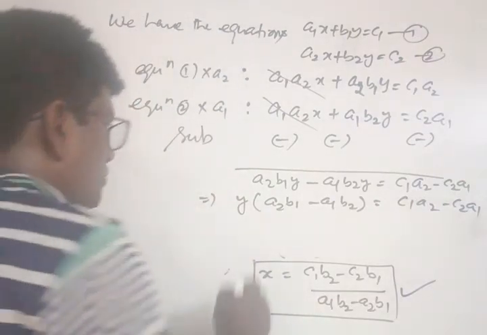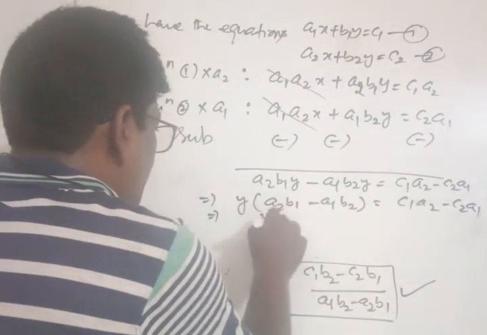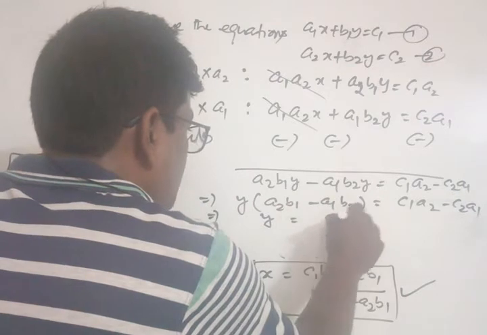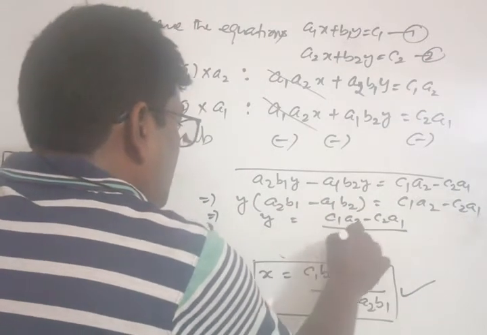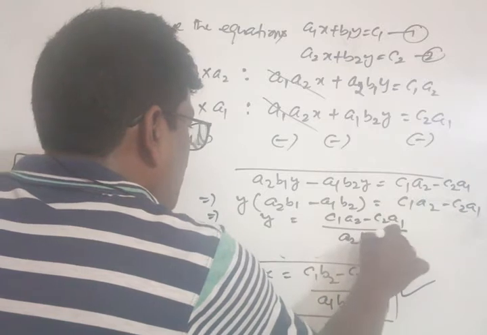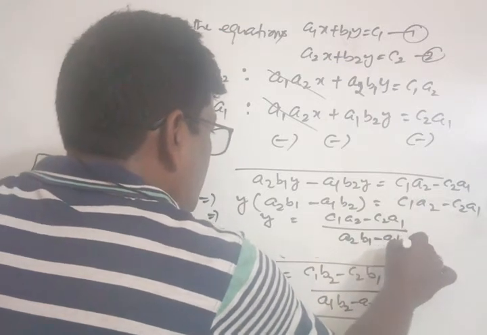Now y is equal to (c1 a2 minus c2 a1) by (a2 b1 minus a1 b2).